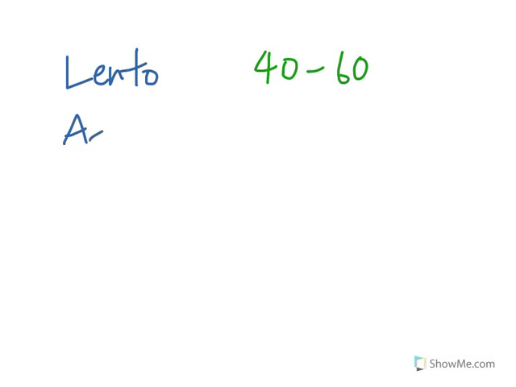Another one is adagio, which is also a little bit slow, but not as slow as lento, and that's around 66 to 76 BPM.